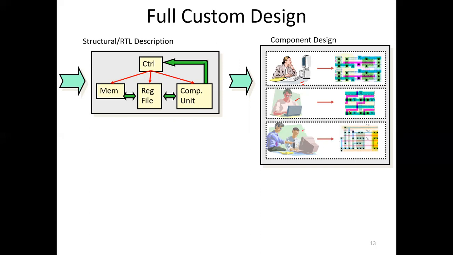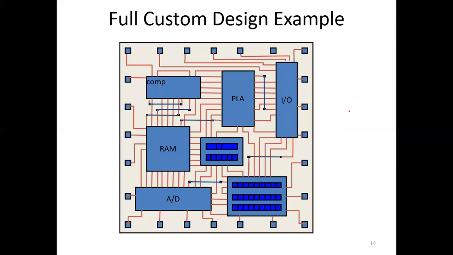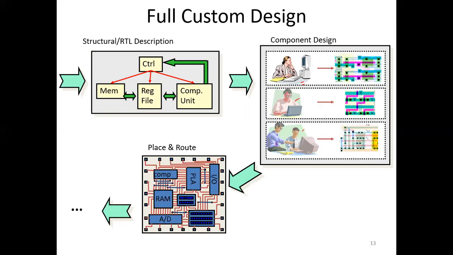Components design. You can see here we are using some CAD tools and making the design using the tools, and then finally we do the place and route, and then we consider it as the full custom design example. This is the design flow of full custom.